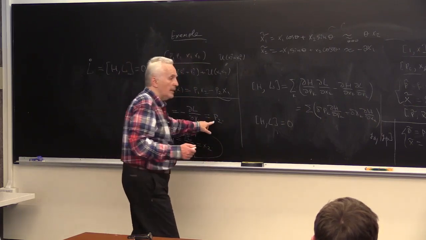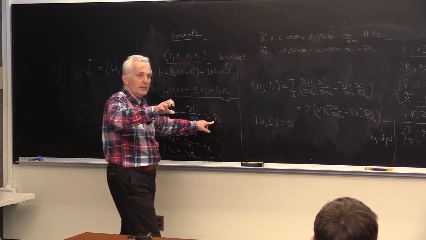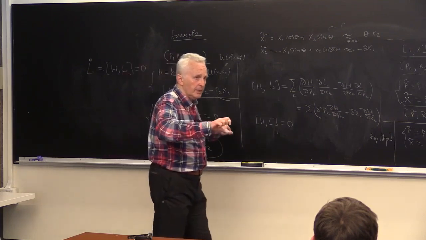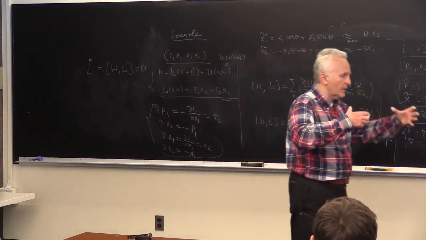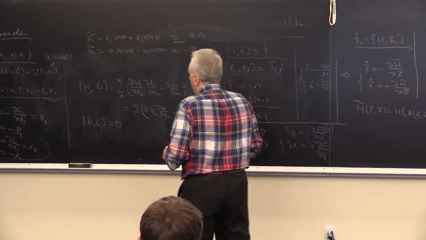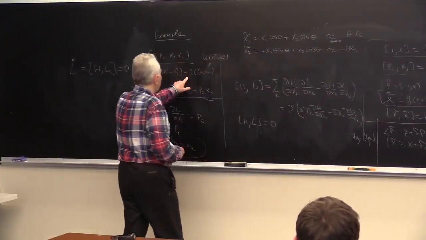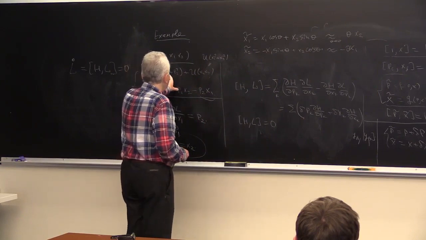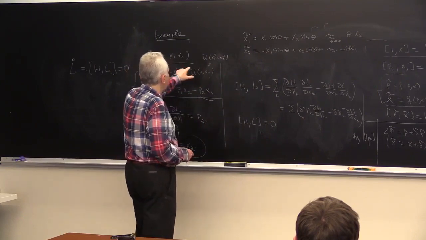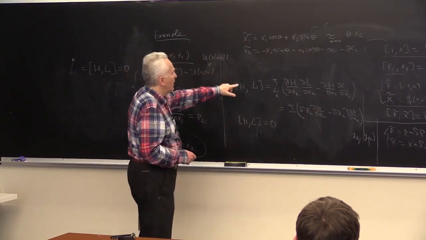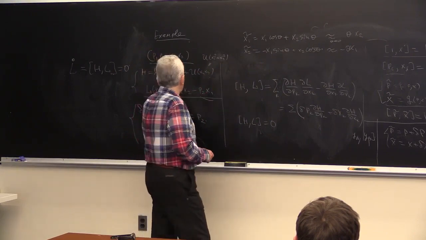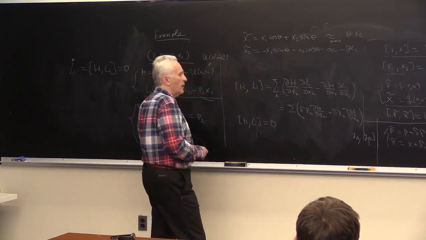Second, we realized that this is rotation in the phase space. This is just rotation. Third, we realized that under such rotation the Hamiltonian is invariant, and so the Poisson bracket of the Hamiltonian with this function must be 0.